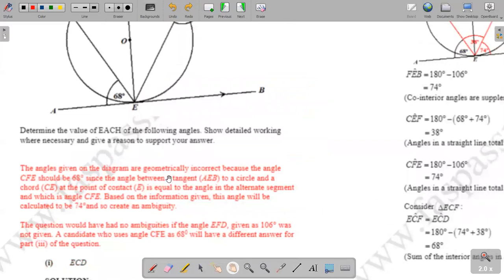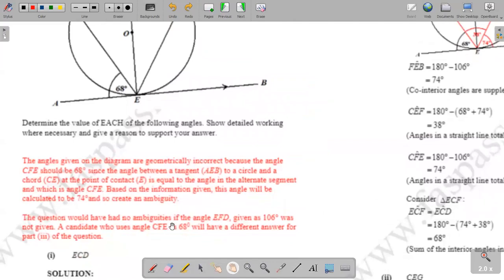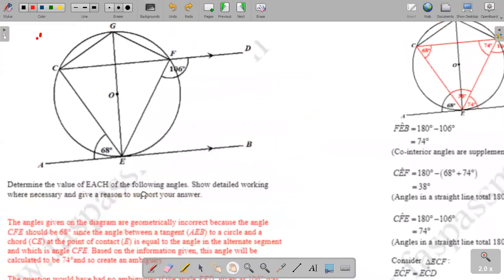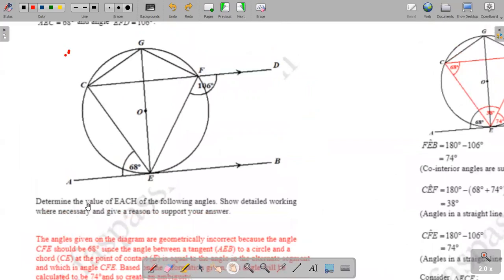Apparently this year, they realized that you could get different answers based on what law you use. So they made some special adjustments to the accepted questions and answers. The angles given on the diagram are geometrically incorrect because the angle CFE should be 68. Where's that? CFE.